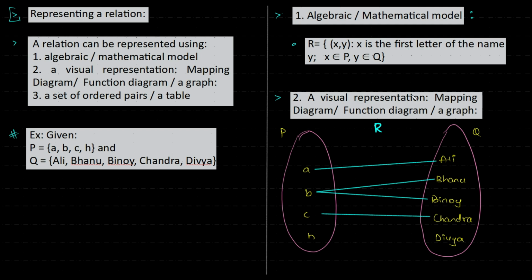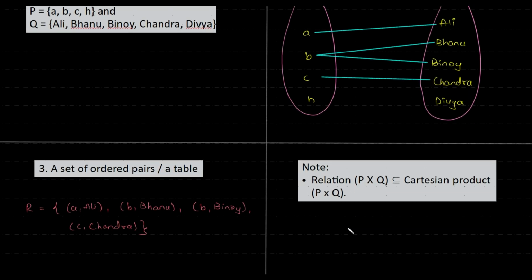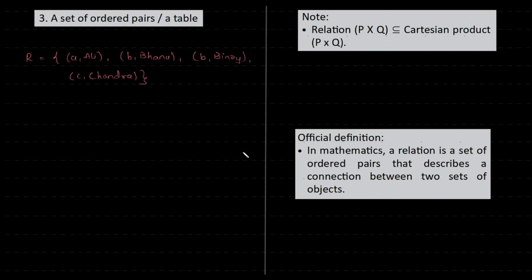Or we can use a visual representation known as a mapping diagram. So you have two sets put across at one end and another end, and each element is related to the other. Of course, which is not related, you just ignore that, right? And the last one is your roster form. Okay, so written in ordered pairs, right?